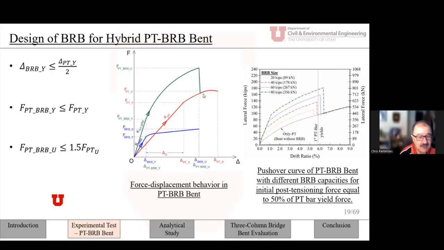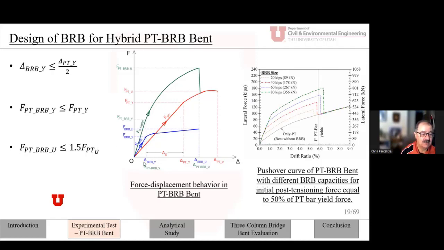So if this is the displacement of the bent when the post-tensioning bars yield, we want the BRB to yield at less than half of that. So that means the BRB will start yielding first before we even get close to yielding the post-tensioning bars.